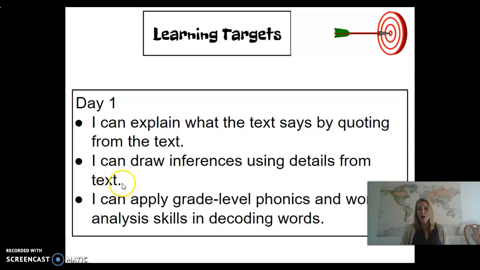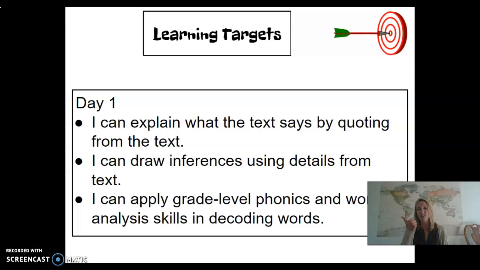And then we're going to draw inferences. We're going to take those quotes and we're going to decide what that means. Because we all know that we learn about other people through what they say, what they do, and how they treat other people, or the relationships they have with other people. We use those same 3 things when we learn about characters.